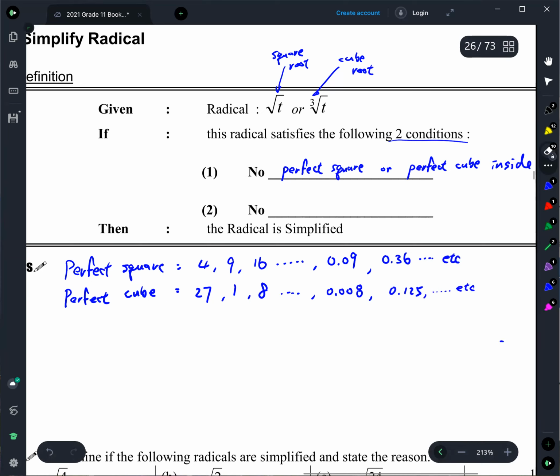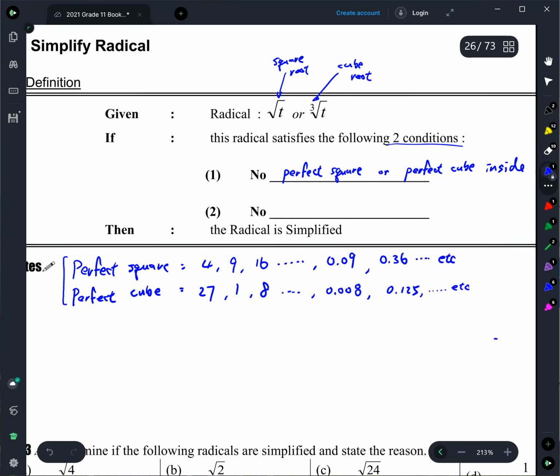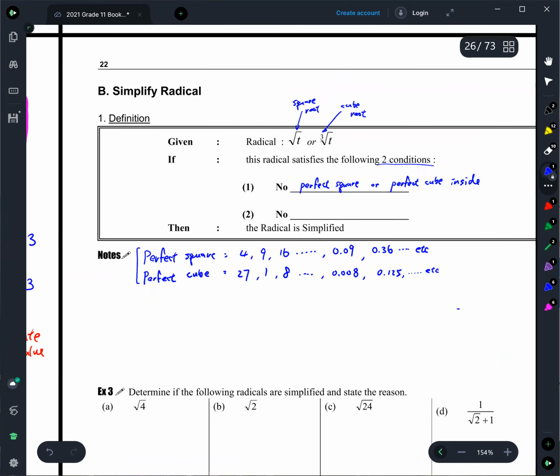All right, so now you understand perfect square and perfect cube, okay? So if I give you a radical, we want to see if that radical has a perfect square or cube inside or not, okay? So we need to check. So for example, if I have the square root of 25, okay?